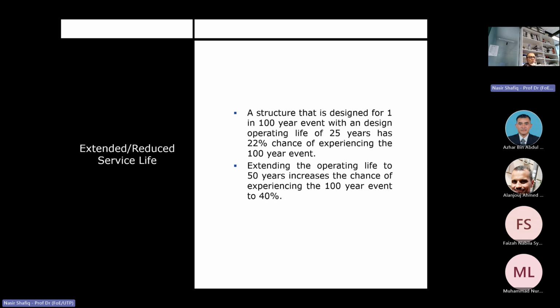So if you are designing a structure for a big service life, the chances of occurrence of that value will be more, because of the longer span. So the bigger the service life, the bigger the chances of occurrence of that 100-year return period.